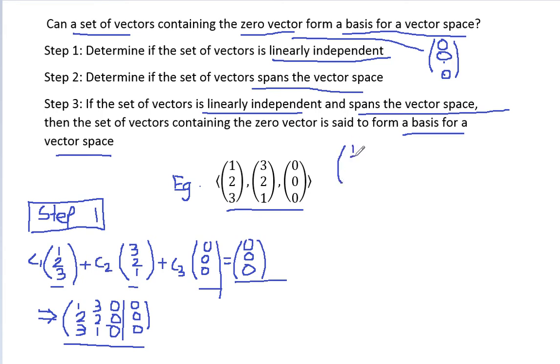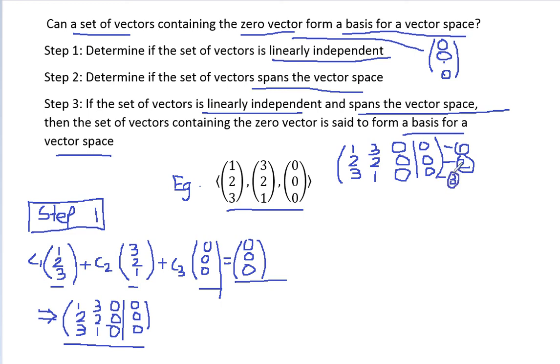So let's continue from here. This is row 1, row 2, row 3. First we reduce it to row echelon form.